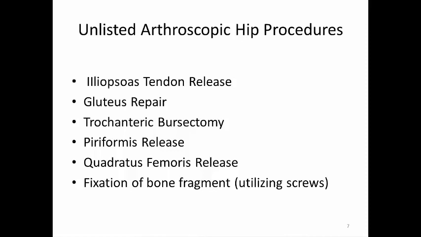Even when I do coding assessments, we do some consulting work for orthopedic practices, and I very often will see, instead of the 29999, they're using the open code that represents that procedure. And that, again, is incorrect because it is not being performed open, it's being performed arthroscopically. All right, so that's what I have on the hip. Let's go ahead now and take a look at the knee.